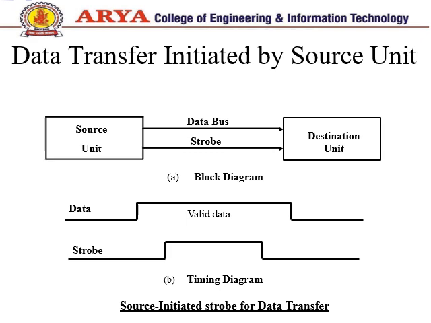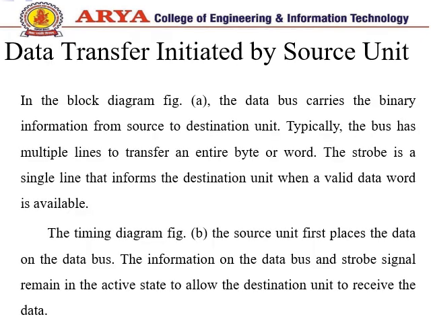This is the diagram of data transfer initiated by the source unit. There are source and destination. The first is the block diagram, the second is the timing diagram. Data transfer initiated by source unit. In the block diagram, first the data bus carries the binary information from source to destination unit. Typically the bus has multiple lines to transfer an entire byte or word.